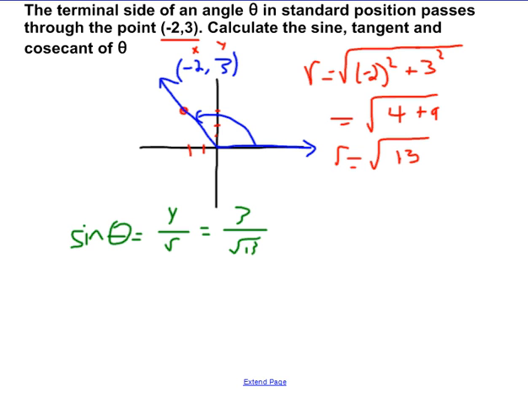Now we want to be good little math students, so we have to rationalize the denominator, which means we don't want radicals on the bottom, because radicals are bad and they make math world angry. So we rationalize the denominator and we get 3 root 13 over 13. And that would be our answer.